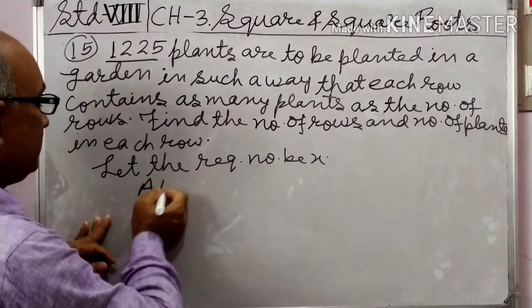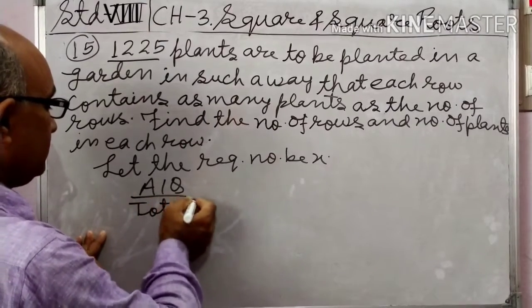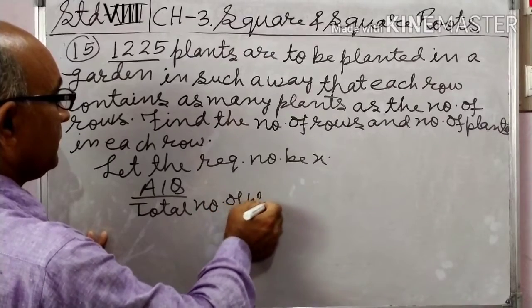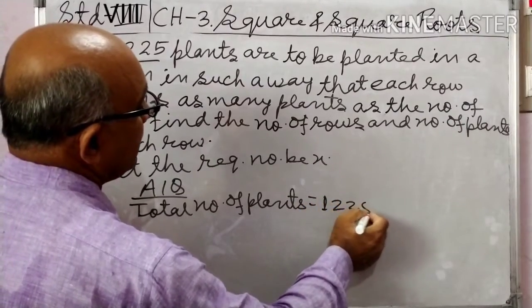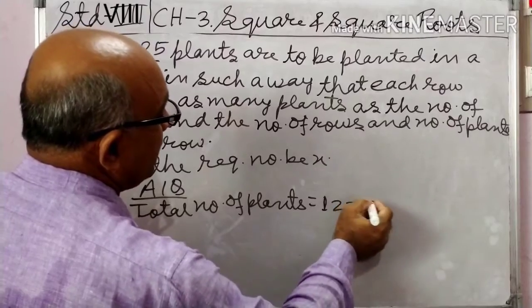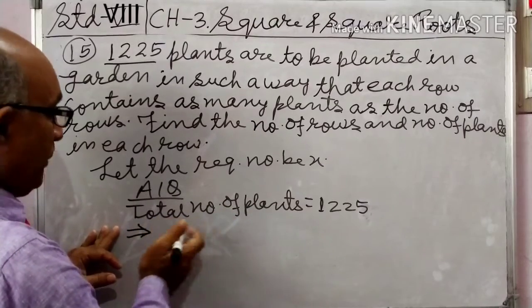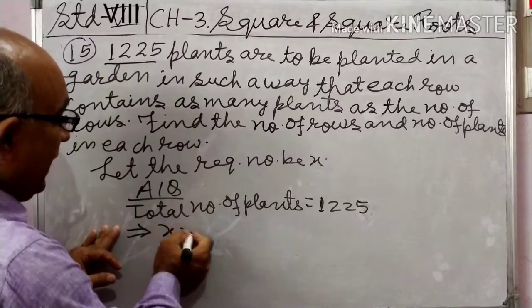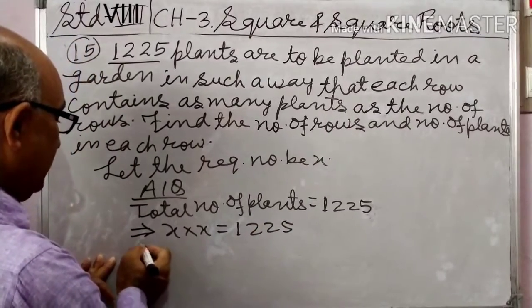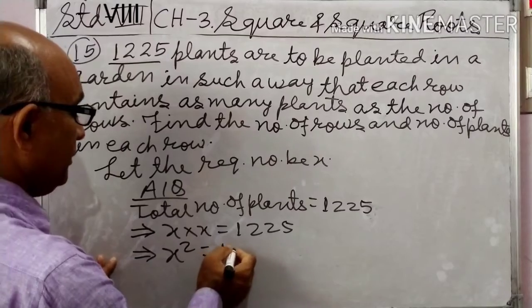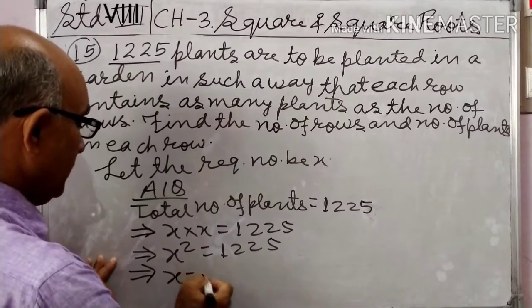So x into x equals 1225. That implies x square equals 1225. That means x equals the square root of 1225.